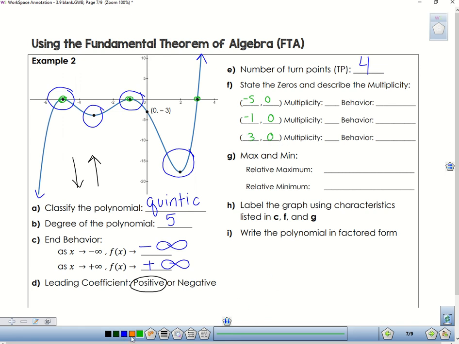Now we're going to determine the multiplicity of each of these. So what do you think about the multiplicity of the negative 5, 0? 2. Does everybody see why it's 2 and why it's not 1 right here? Does it cross through or does it bounce? Bounces. Doesn't cross through, it bounces.